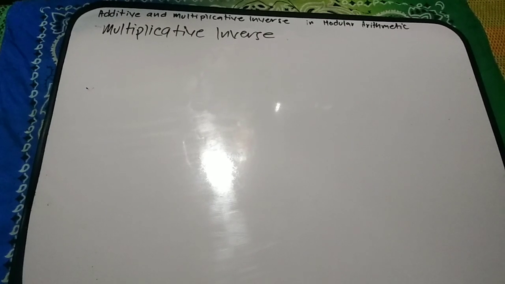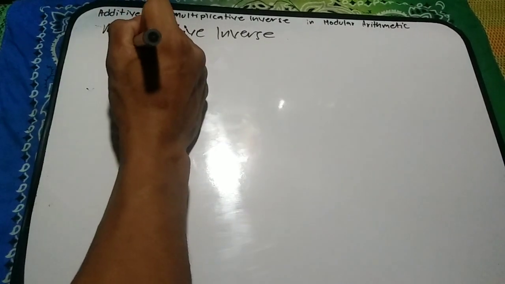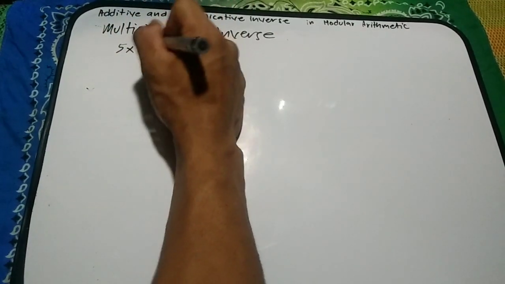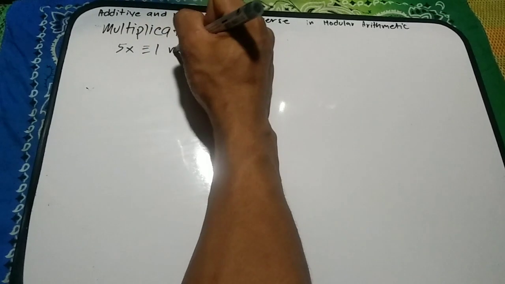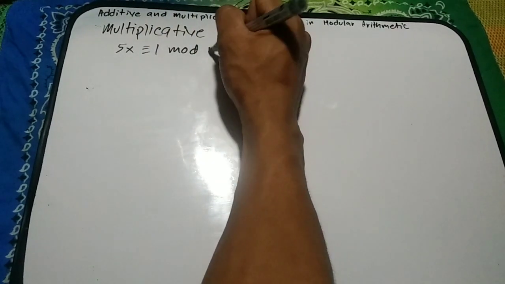Let's have another example. Find the multiplicative inverse of 5 in mod 11. So, 5x congruent to 1 mod 11.